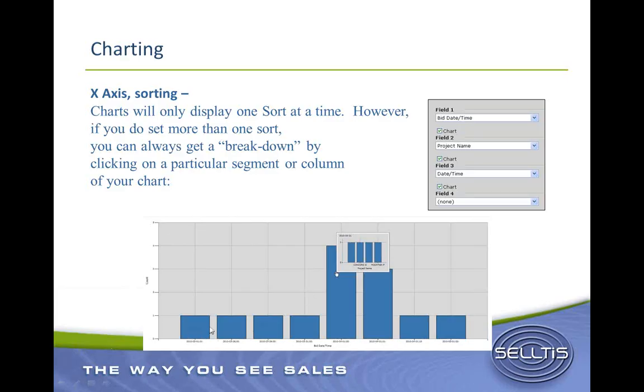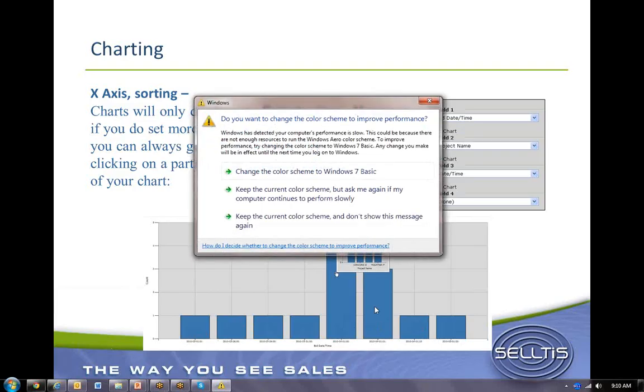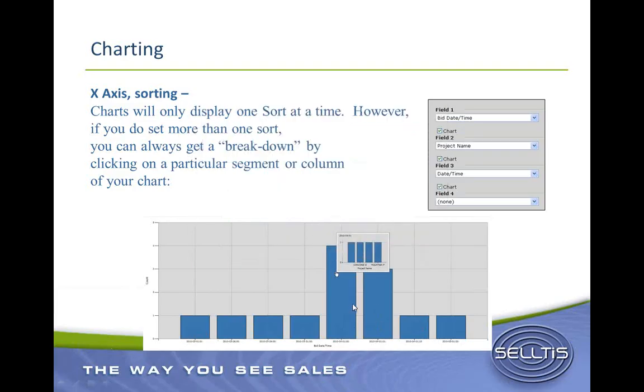And you can see that it's sorted by month over these 10 months. The breakdown then is the project name, and I'm doing that by simply clicking on this individual first sort, which is a month.